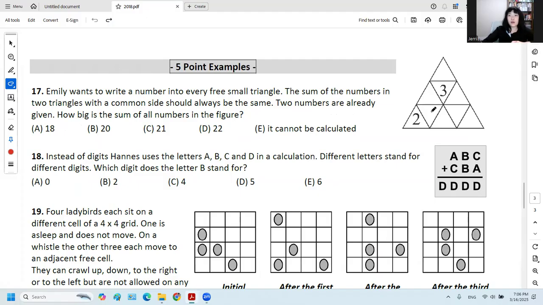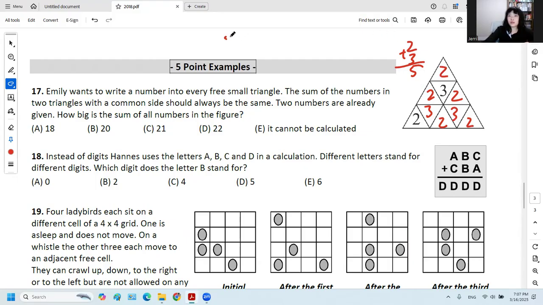Right now, we could just add 2 plus 3. It equals 5. Right here, we can put 3, 5, 2, 5, 5. 2, 5, 3, 5. 2, 5. 2, 5, 5. 2, 5.